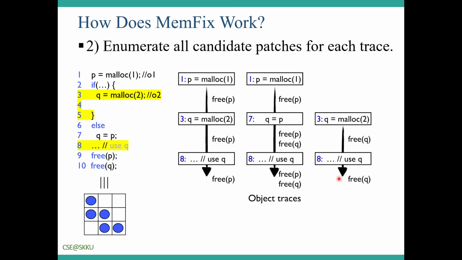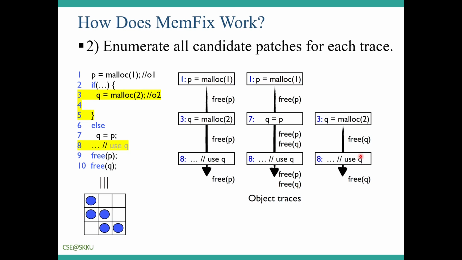And lastly, the third trace, object O2, is allocated in the true branch. It is allocated at line 3, and we can insert free Q at line 3 or line 8 to safely deallocate it.